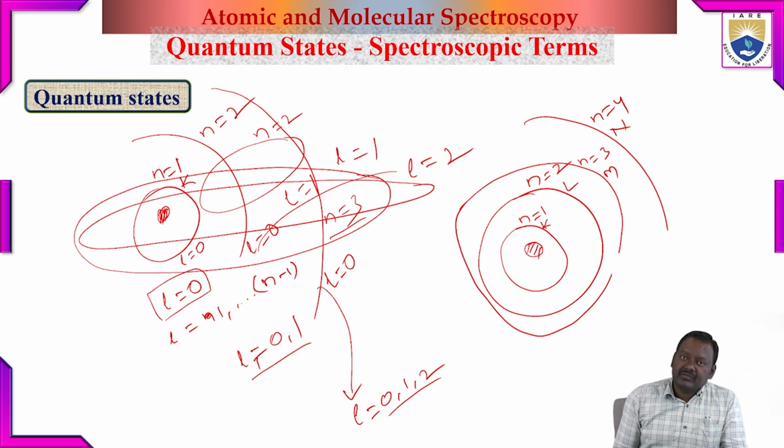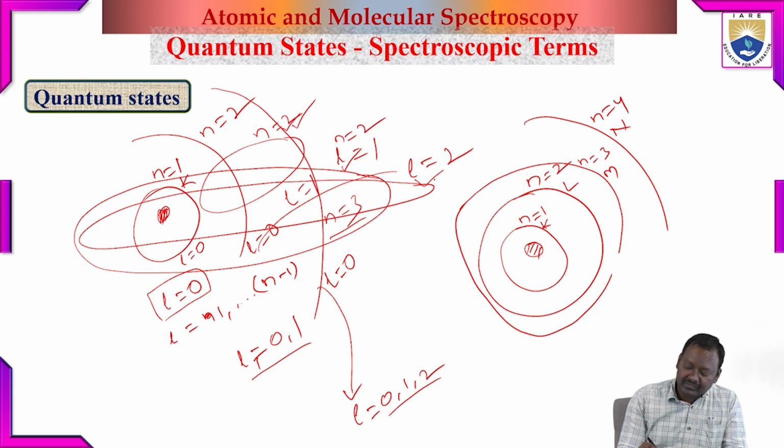Here again, if we consider the energy of an electron in any orbit, either the circular orbit, l equal to 0, or the orbit with l equal to 1, or the elliptical orbit where l value is 2, and n value is also 2.